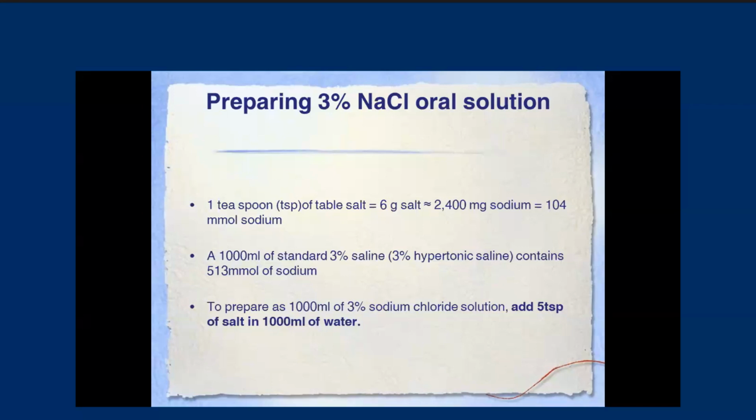So for sodium, the molecular weight is 23 milligrams. So 1 millimole of sodium is equal to 23 milligrams. To change the sodium to millimole, we can divide 2,400 by 23, which gives us around 104.5 millimoles.